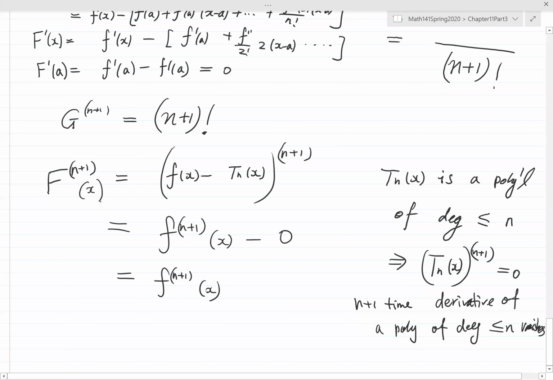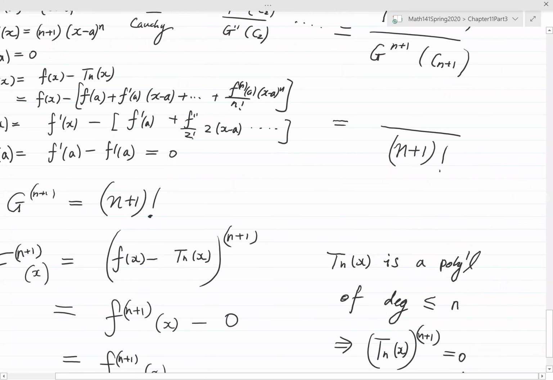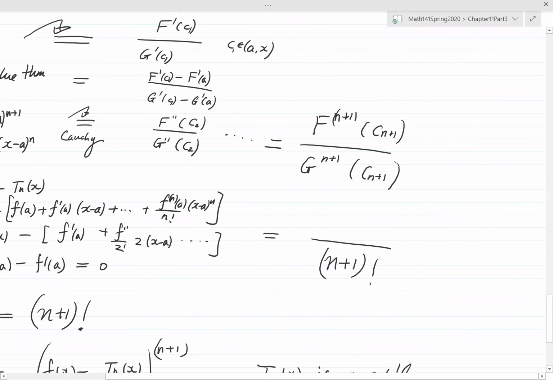Okay, so if we play the game of the Cauchy mean value theorem many times, then finally we get c n plus 1, and then we are done. Here c n plus 1 is of course lying between a and x.